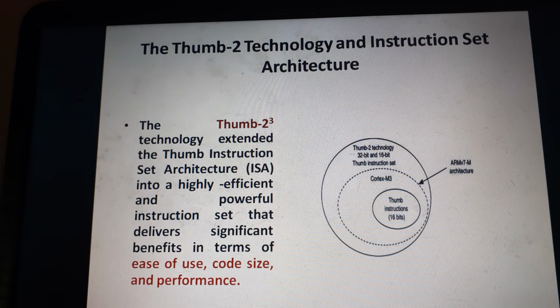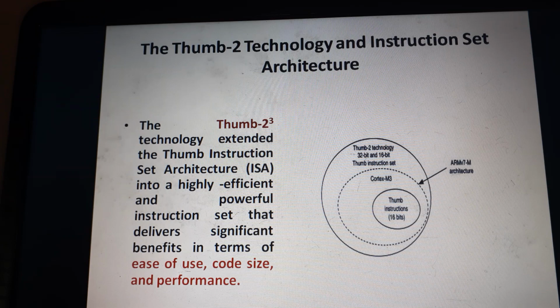But there is one requirement. To execute Thumb instructions, the processor should be in Thumb mode, and to execute ARM instructions, the processor should be in ARM state.